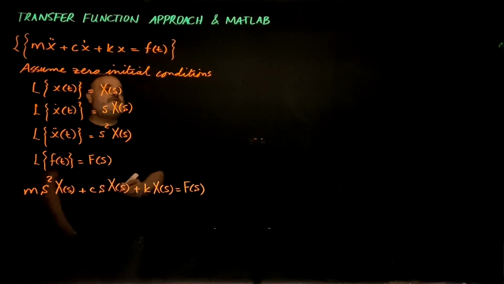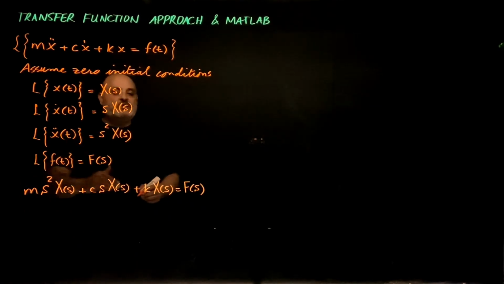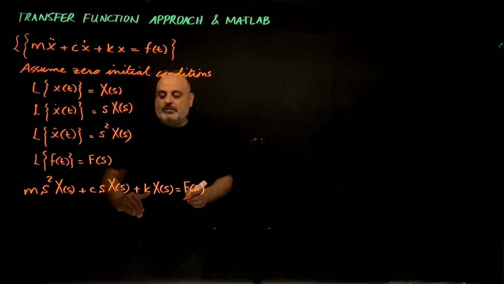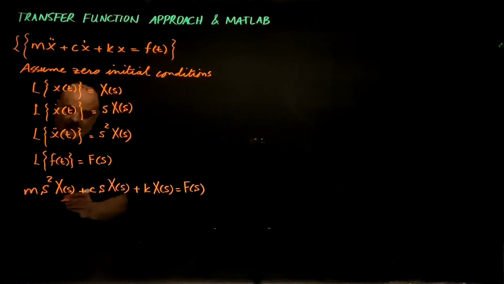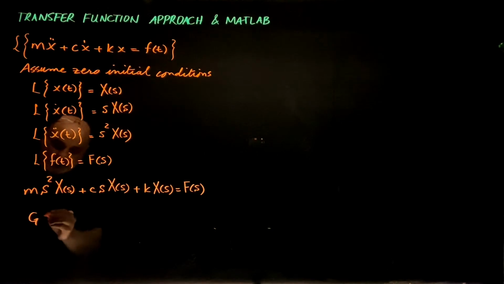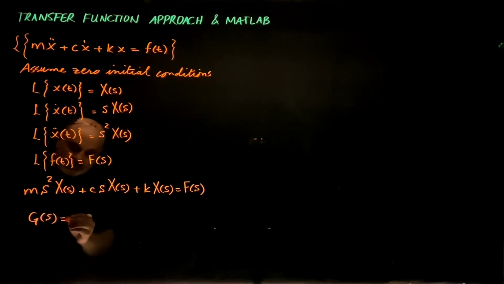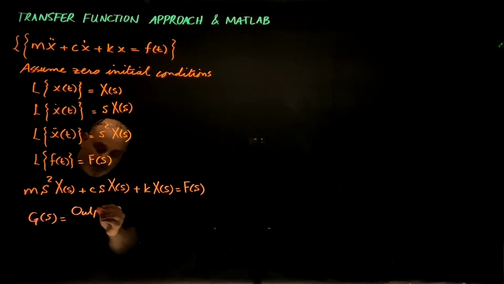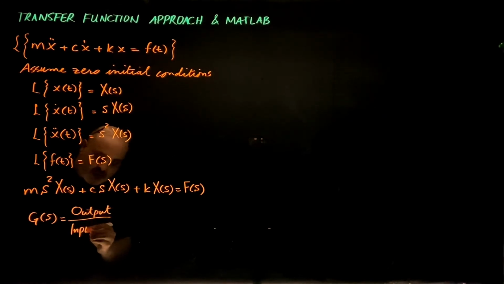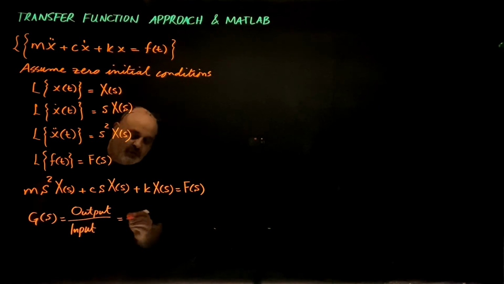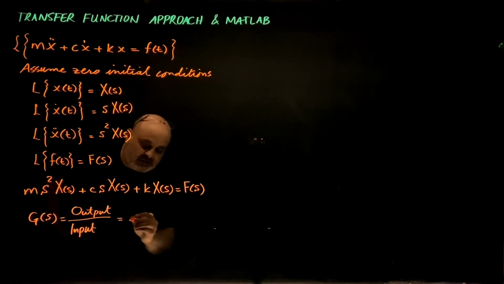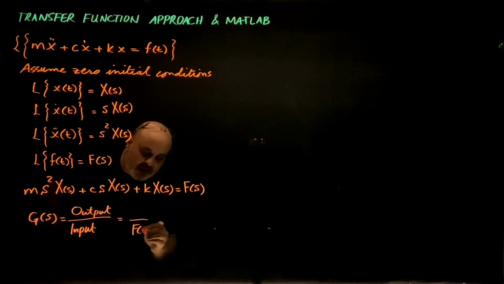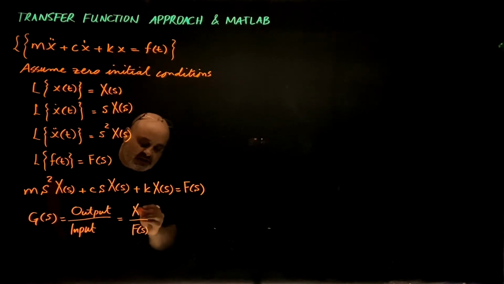Now the transfer function is defined as the output divided by the input. The transfer function, called g of s, is output divided by input, which in our case, the input is the force and the output is the displacement.